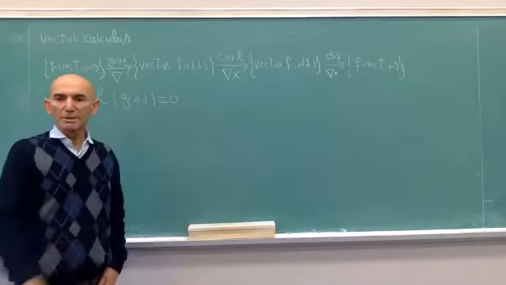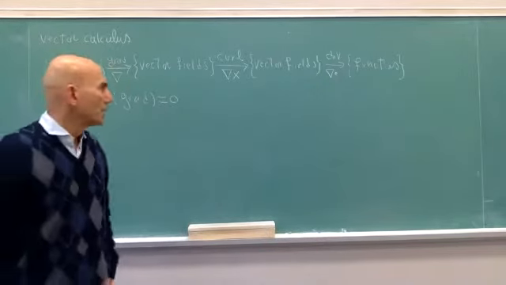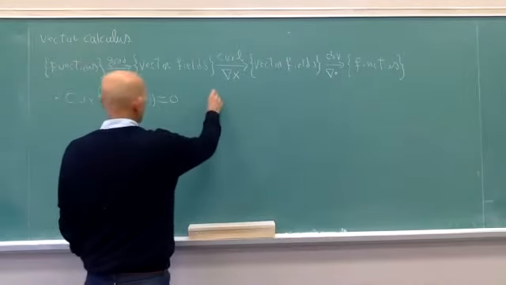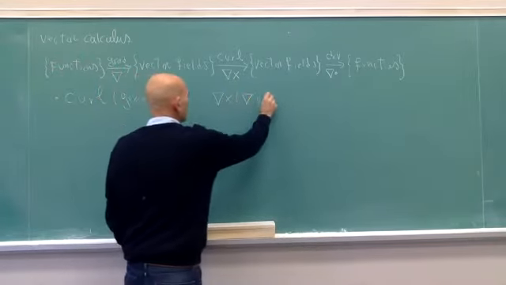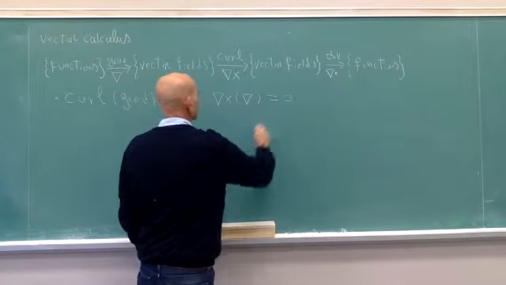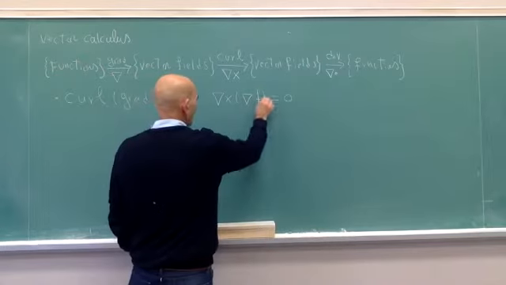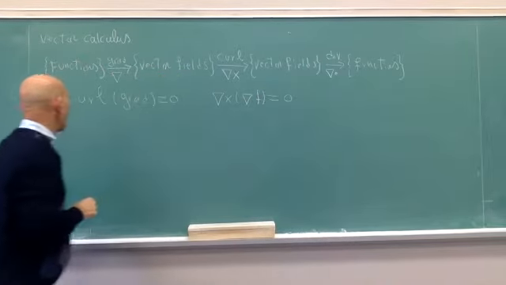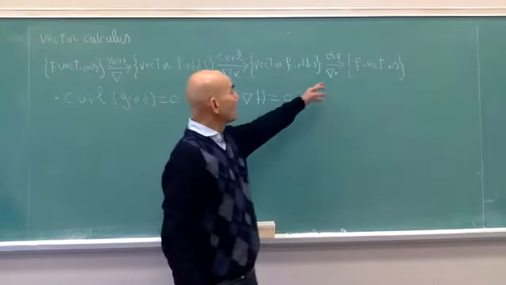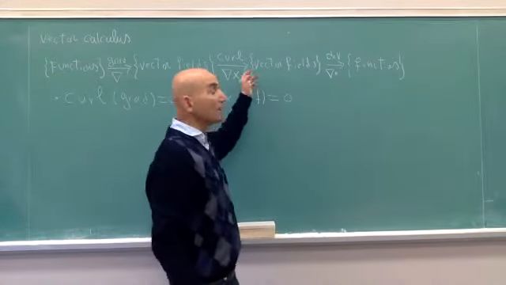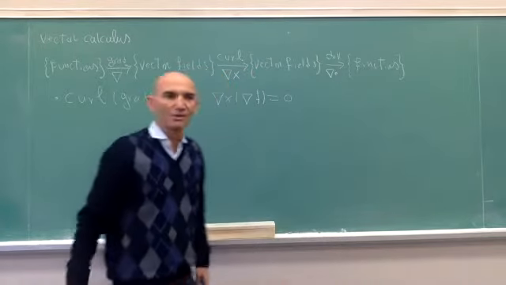Do you remember this equation that we proved last lecture? So curl of gradient of f is equal to 0. And divergence of curl, we also showed that it's equal to 0.